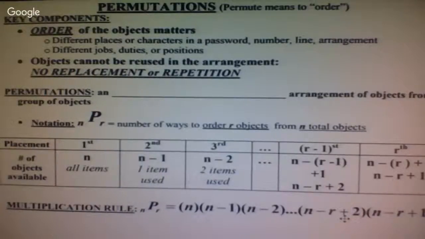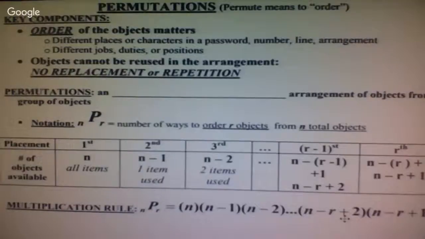So, some things you're looking for is that the order of your objects matters. If we're talking about different places, or characters in a password, or number, or line, or arrangement, that tells me permutation. If we're talking about different jobs, or duties, or positions. When we did the president, vice president, treasurer, those are 3 different positions.